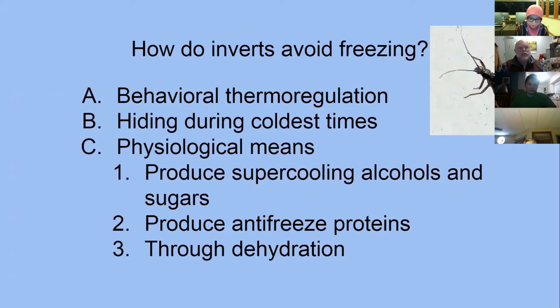You've seen ice crystals grow sometimes and they get really long and pointy. That happens inside of a cell. That cell is dead. So these antifreeze proteins are also mostly outside of the cell, trying to make sure that the ice crystals don't get too large and produce too much damage.